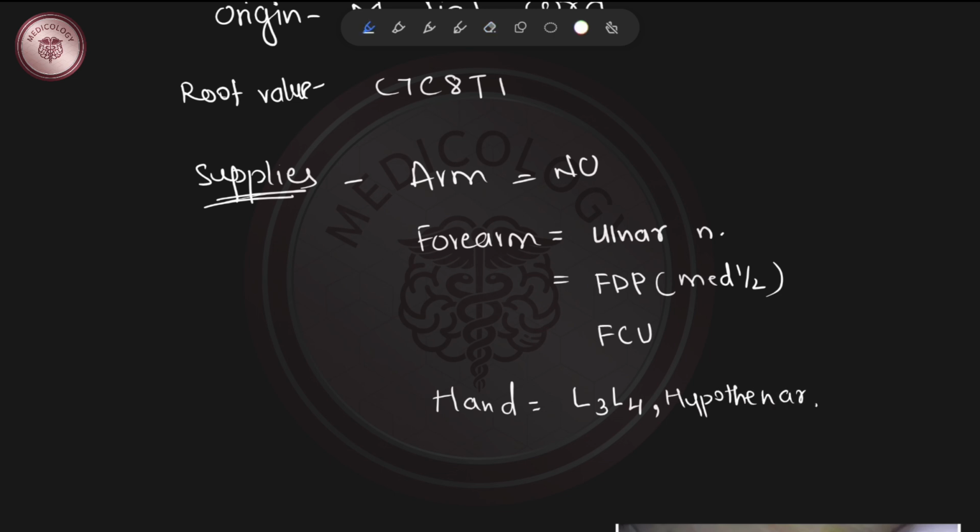There was an exception from the thenar muscles, that was adductor pollicis, and all our interossei, the palmar interossei and the dorsal interossei. These all are supplied by the ulnar nerve. So among the 20 muscles of the hand, 15 muscles are innervated by our ulnar nerve. It is the dominant nerve in our hand.